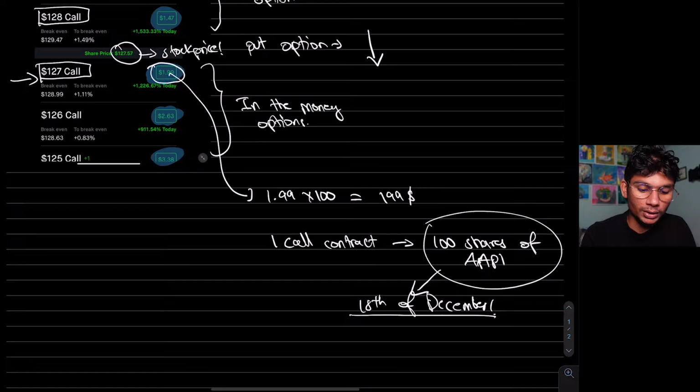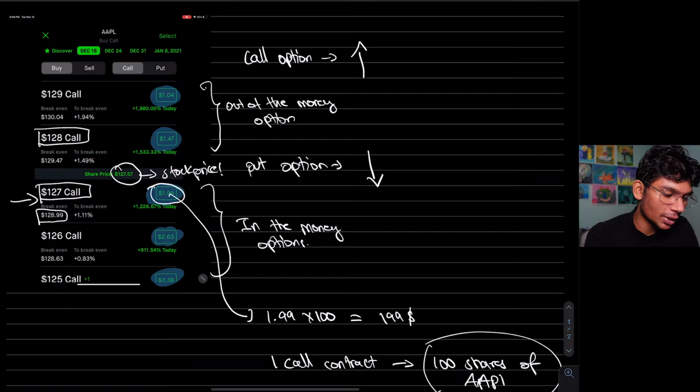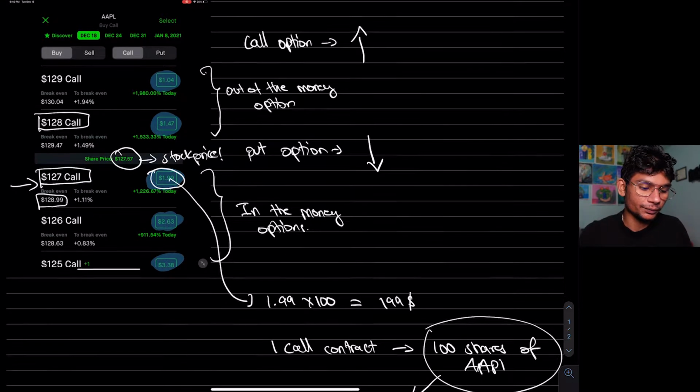If this call contract is going to expire on December the 18th, what you need to happen is for the stock to be above this price, this break-even point. If, let's say, your contract is above $128.99 before the expiration date, you're going to make money.